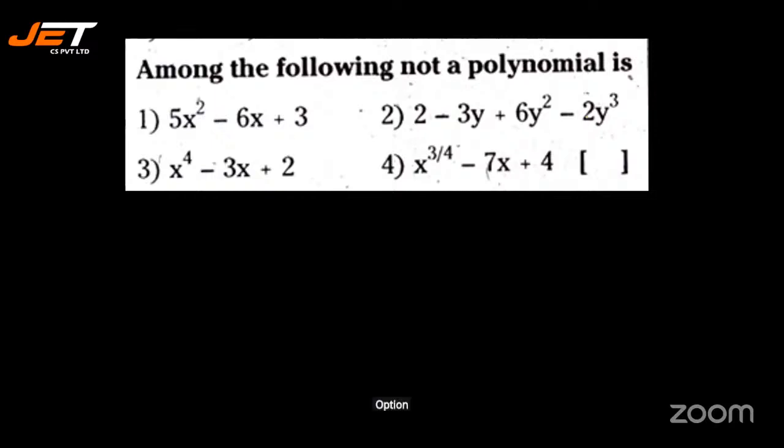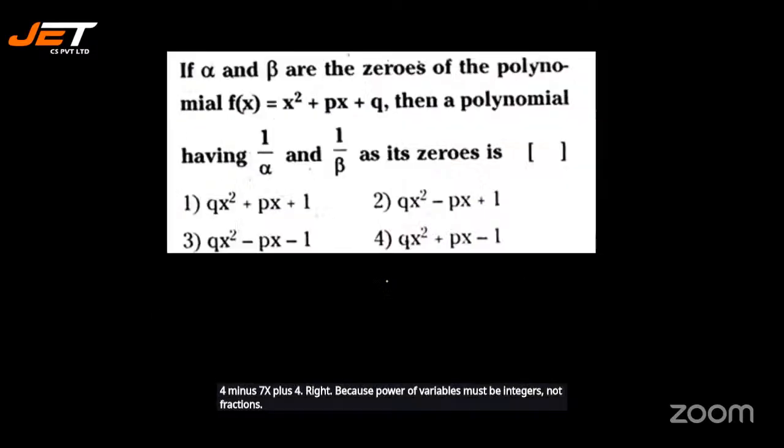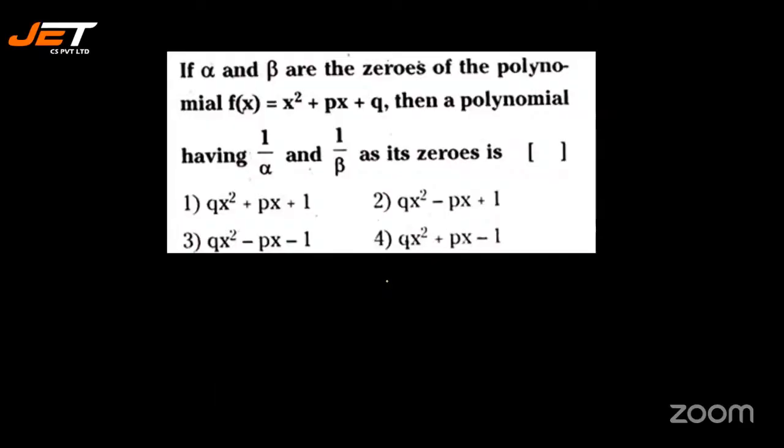Is it option 1, 2, 3, or 4? It is option 4, x to the power 3 by 4 minus 7x plus 4. Because the power of variables must be integers, not fractions.